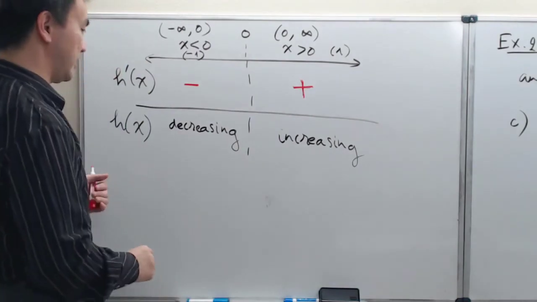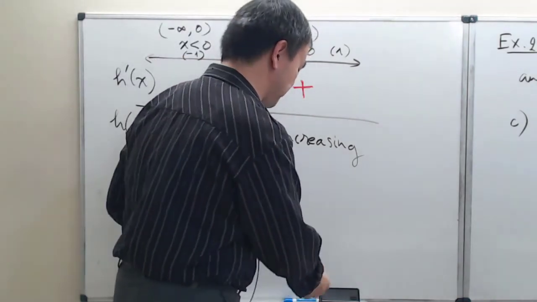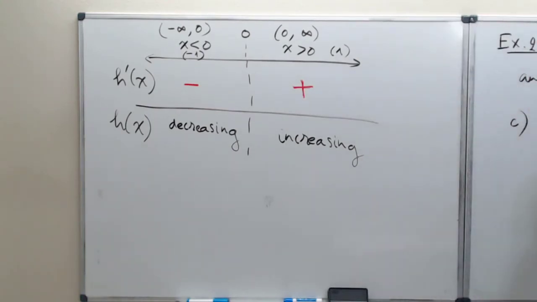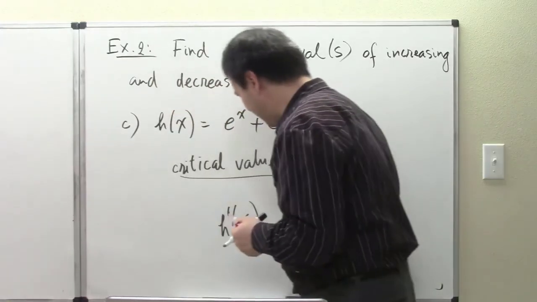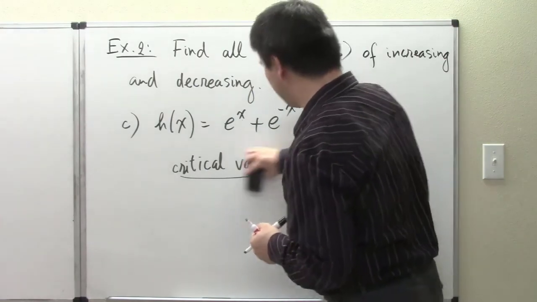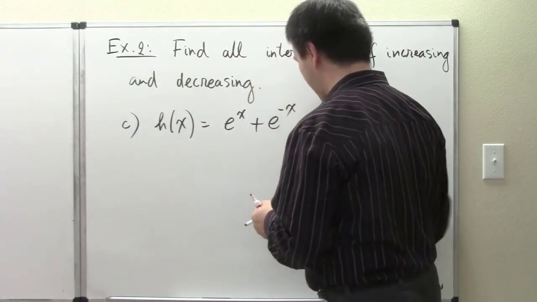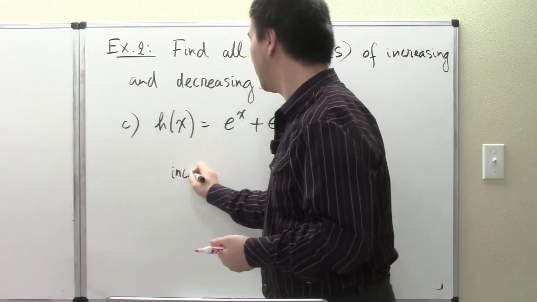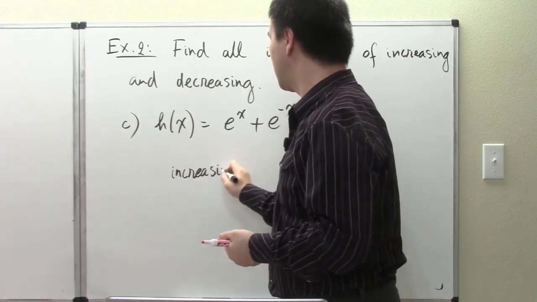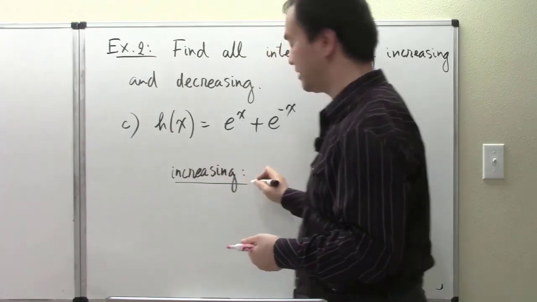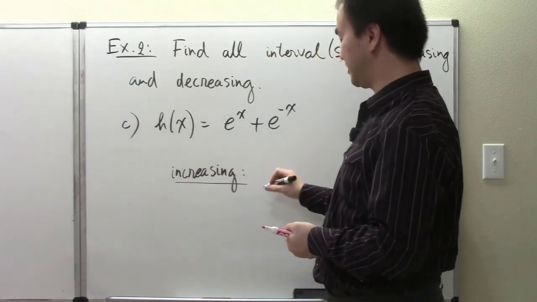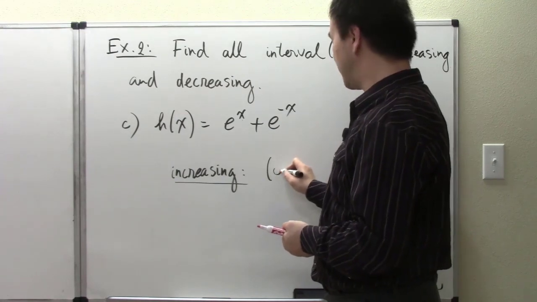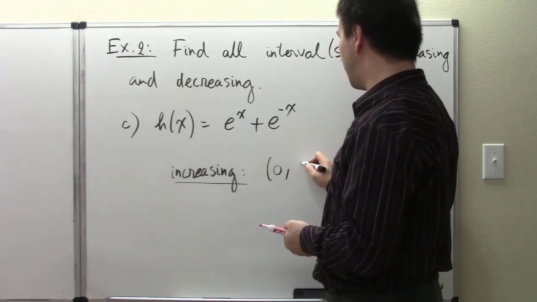Now, as far as the answer, we found it right here, but we want to make a formal statement. As far as increasing, our function is increasing anywhere between 0 and positive infinity.